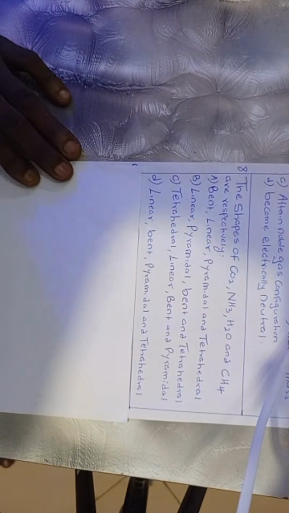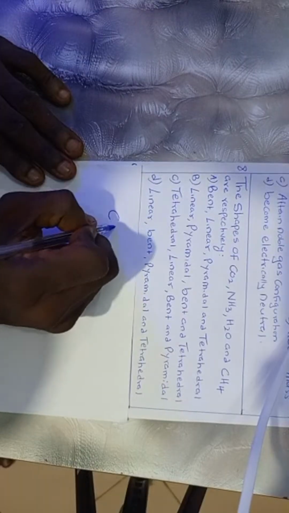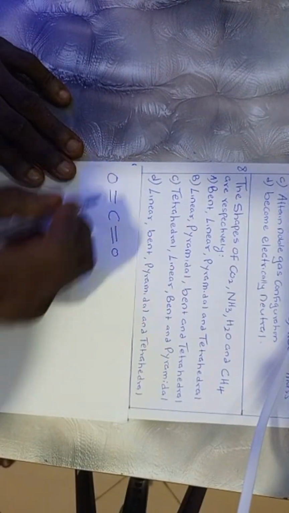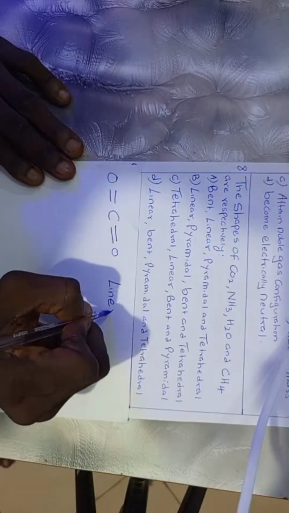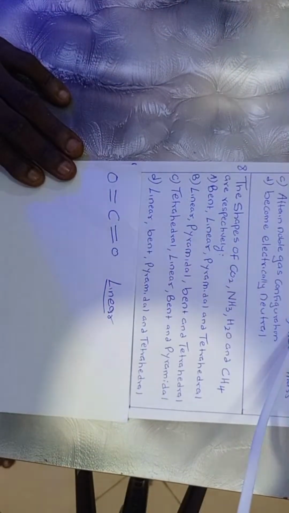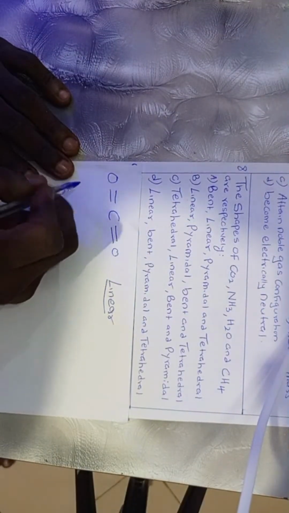So for question number 8, CO2 molecule looks like this. Look at CO2. You have C, double bond O, double bond O. The shape of CO2 is linear. Now let's check out the next molecule, which is ammonia. Ammonia is drawn like this.